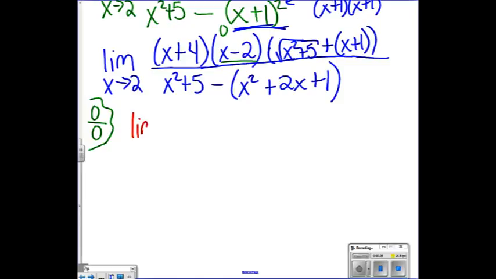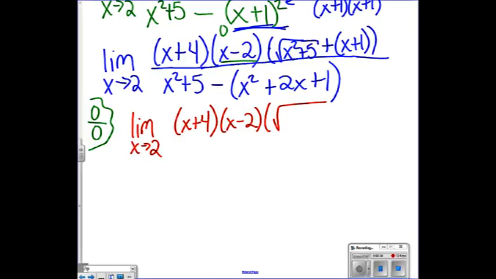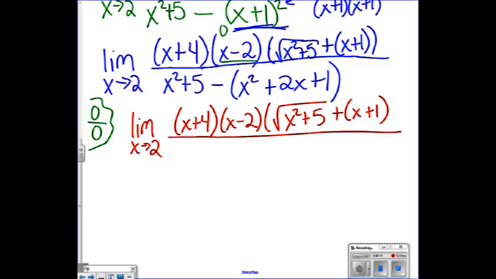So we still have the limit as x approaches 2 of x plus 4 times x minus 2 times the square root of x squared plus 5 plus x plus 1, all over x squared plus 5. And pretty much all I'm going to do is distribute this negative to all of these terms. So we end up with a negative x squared minus 2x minus 1.